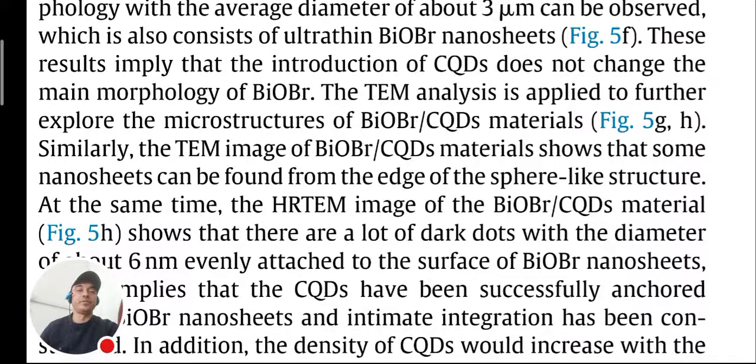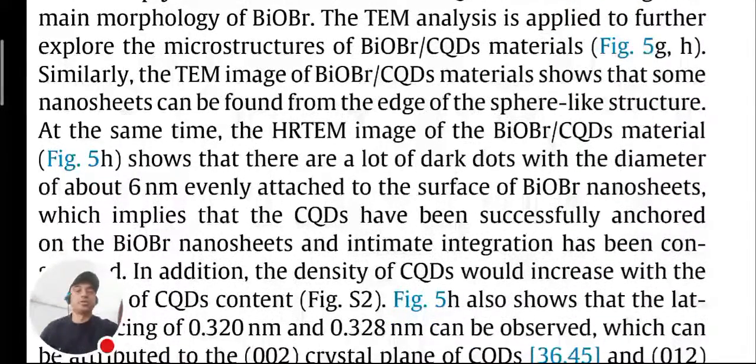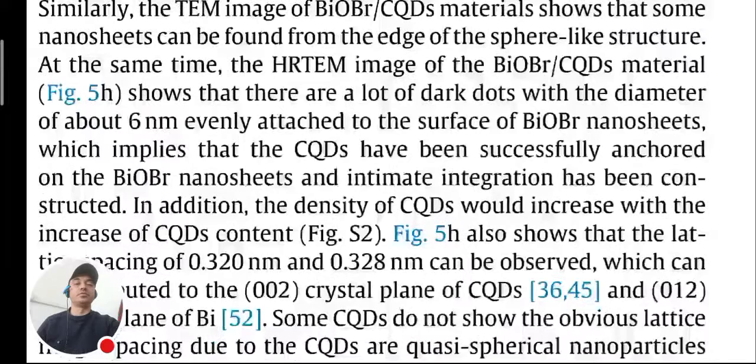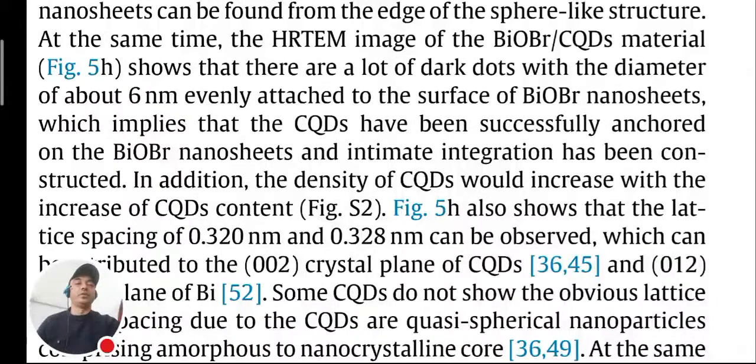Similarly, some nanosheets can be found at the edges of the sphere-like structure. At the same time, the HRTEM images of BiOBr carbon dots show a lot of dark dots about 6 nanometers in diameter evenly attached to the surface of the BiOBr nanosheet, which implies the carbon quantum dots have been successfully anchored on BiOBr nanosheets, and intimate integration has been constructed.